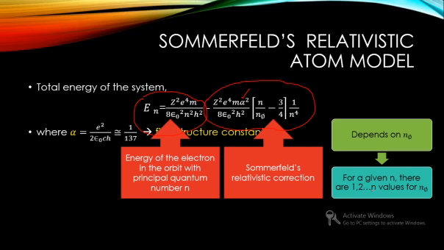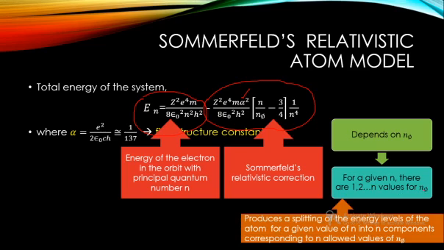These are the allowed values for the azimuthal quantum number. Corresponding to each value of n_phi there will be an energy level, and hence each orbit gets split up into different energy levels corresponding to the n allowed values of n_phi.